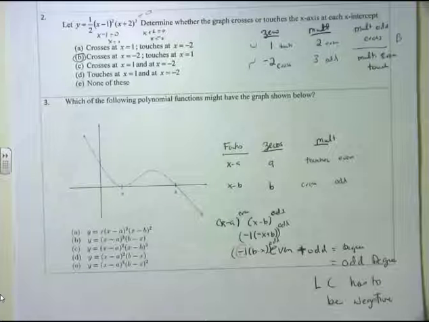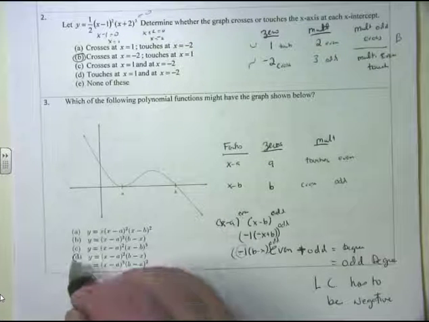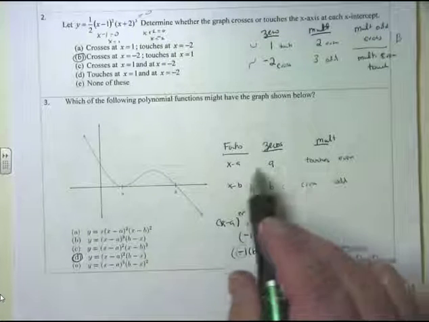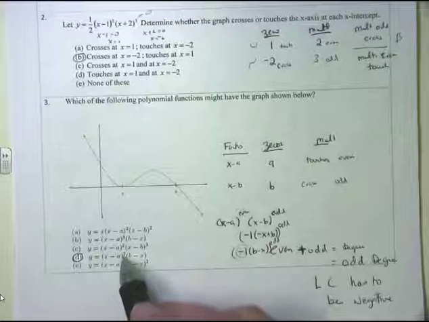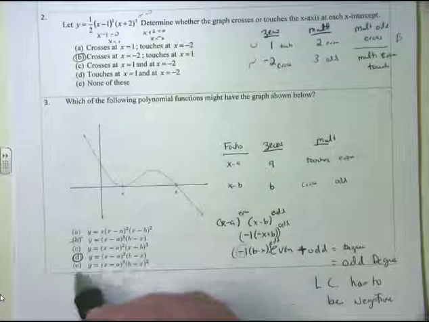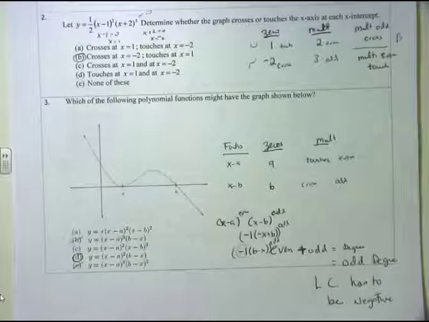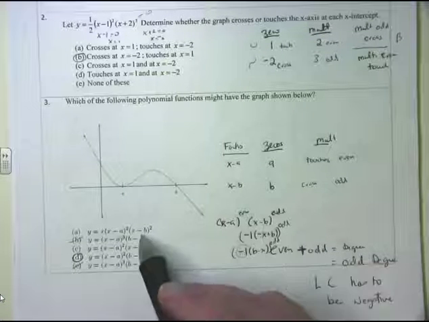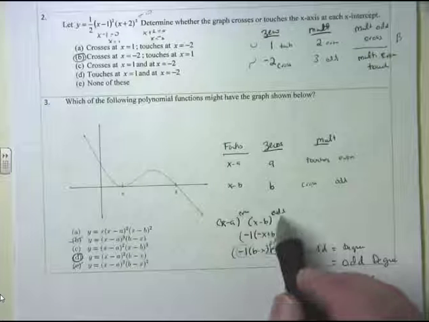So I believe the answer on this one would have to be D. X minus a squared, because I had to have the even multiplicity. So clearly B would not be the answer, because that's an odd multiplicity, and E would not be either. If you look at the other ones, the multiplicity on the B term, x minus b or b minus x, has to be odd.